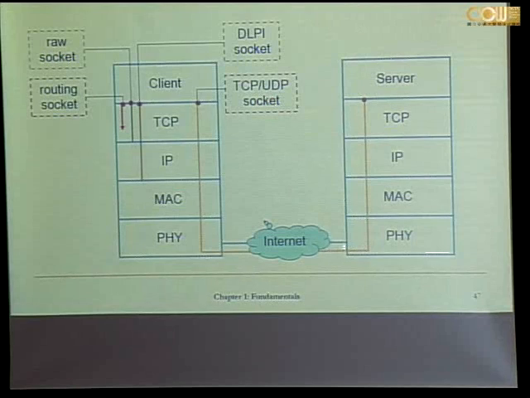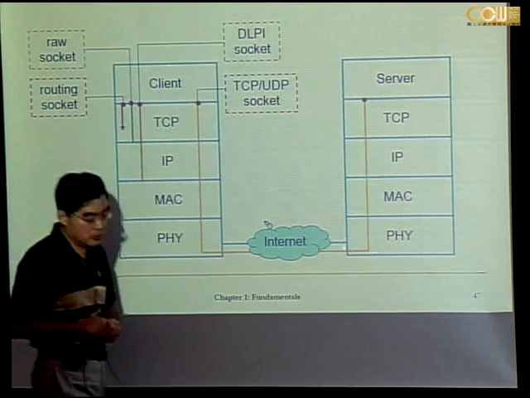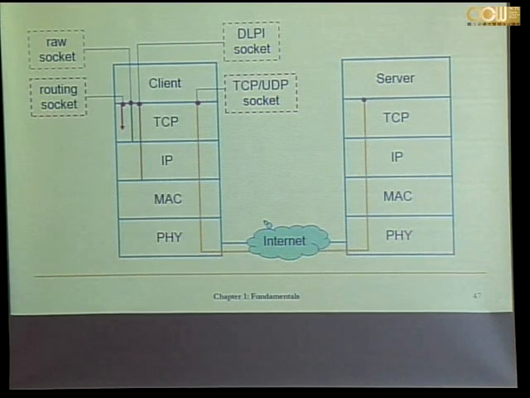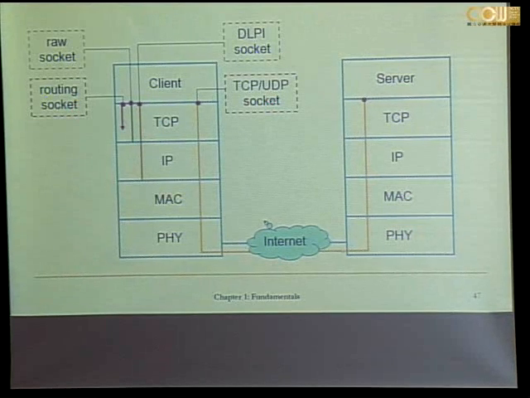So there must be an interface allowing the routing daemon to access and update the routing table in the kernel. And routing socket is for that purpose. So these socket interfaces are there for programmers, for developers, to access either the peer on the network or the kernel.